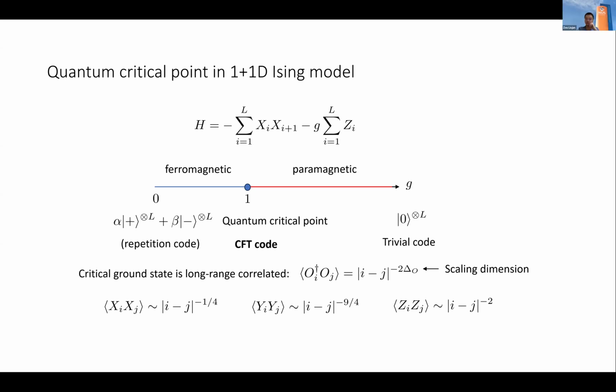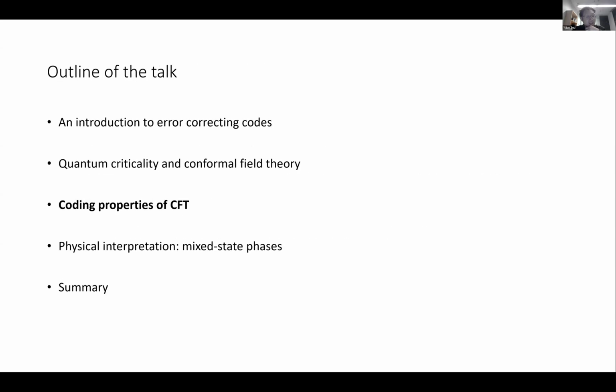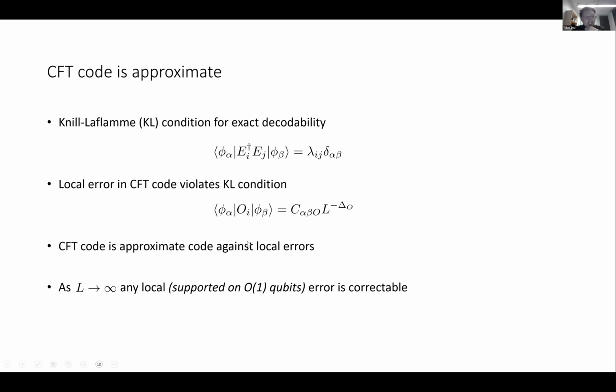Any other questions? I have a question. First, thank you very much for a nice talk. You said that X error is not correctable in your example. I'm curious, if X error is localized at some point, is this error related to defects in CFT in some sense? Yes. But I also tell you that X error can be corrected if it is localized.